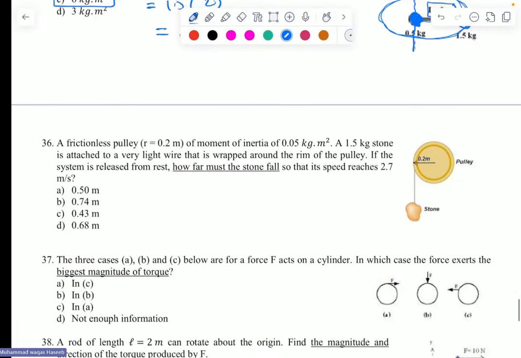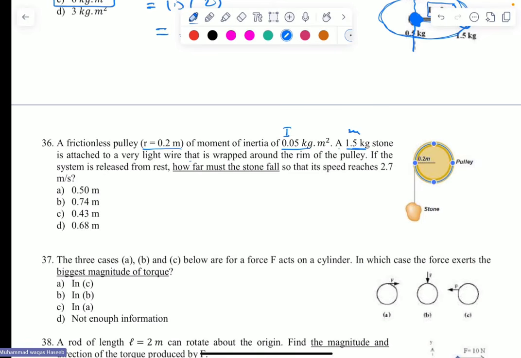Now, the next question is very important and very conceptually rich, so be focused on that. A frictionless pulley has radius and moment of inertia I. A stone of mass m is attached to a light wire wrapped around the rim.